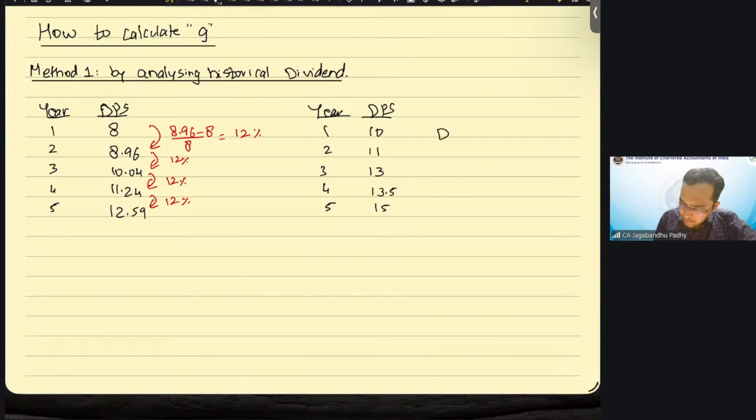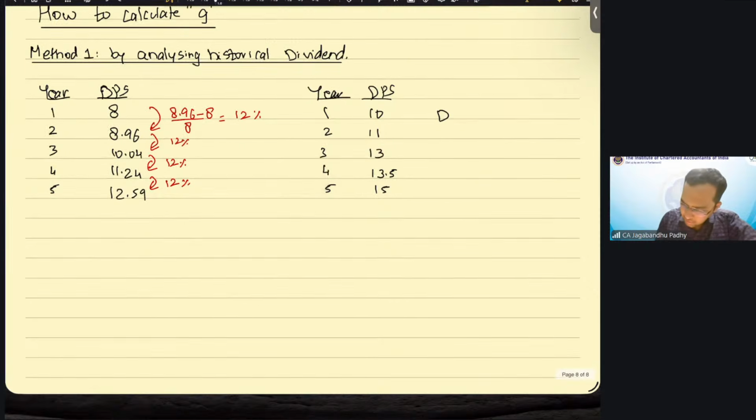We have said, D1 should be D0 into 1 plus g. Or I can say like this: D2 is D1 into 1 plus growth rate. Same way, the third-year dividend will be D1 into 1 plus growth squared.